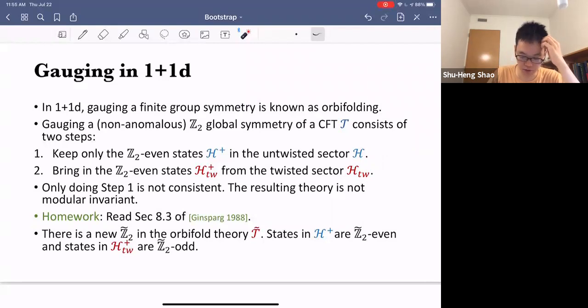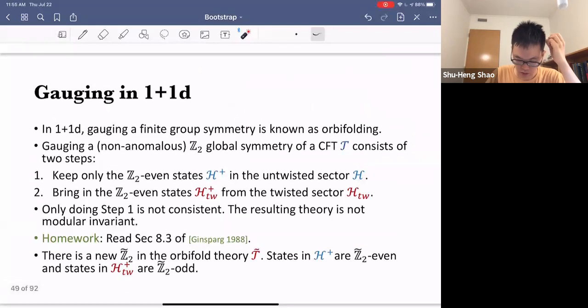This is tied to modular invariance. So gauging or orbifolding really consists of two steps. You throw away operators, but you also promote some non-local operators into local ones.